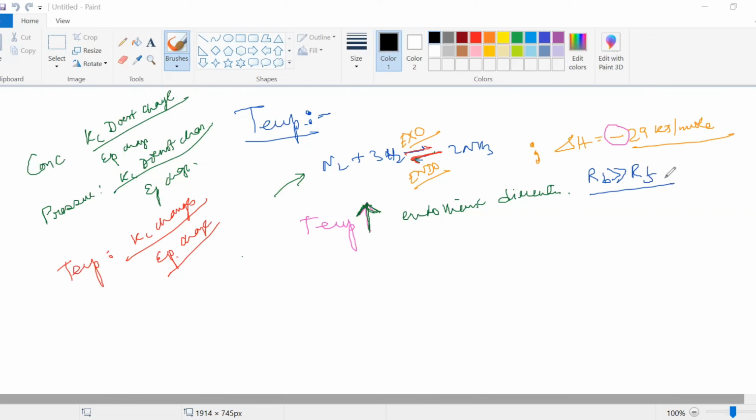And what happens? The equilibrium position will shift to where? Forward direction or backward direction?